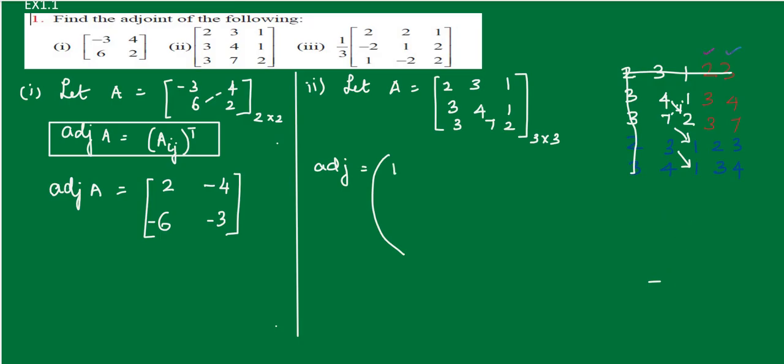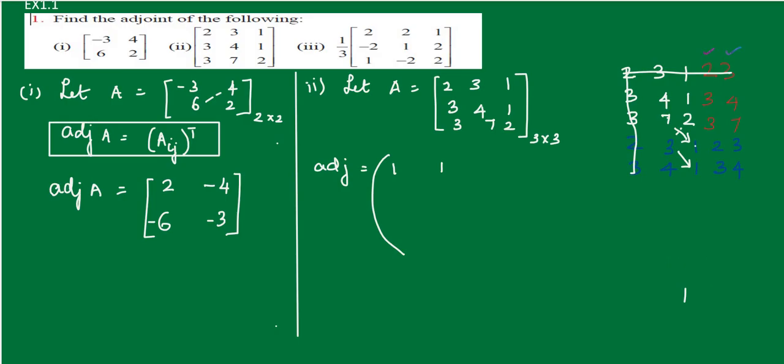Now, coming to the second operation, 7 into 1 is equal to 7, minus 3 into 2. So, we get 7 minus 6 is equal to 1. So, the second element is over in the first row.